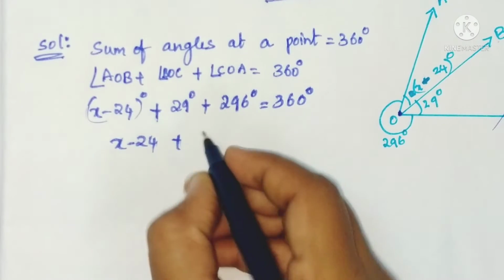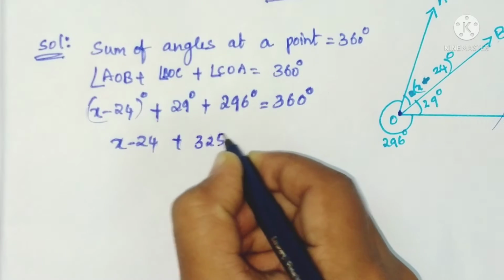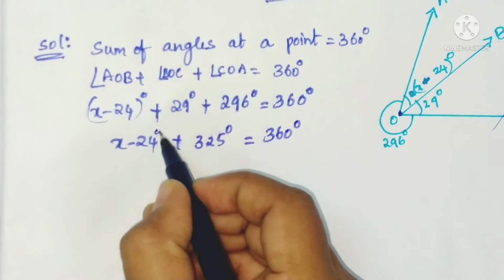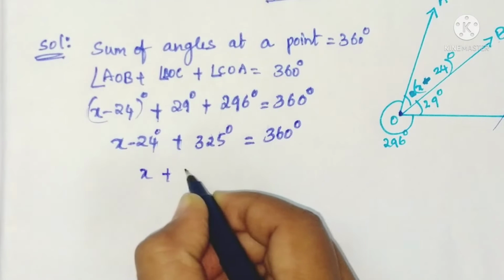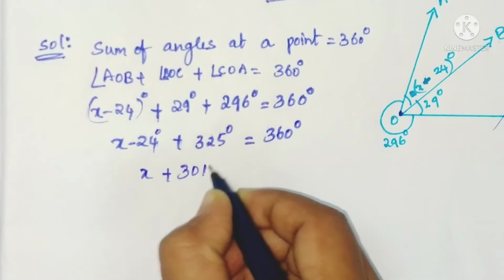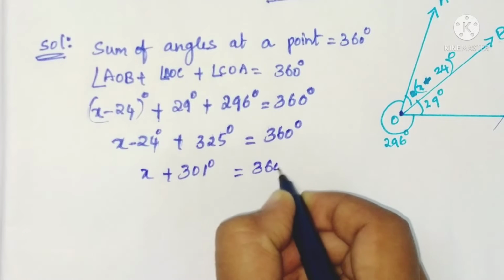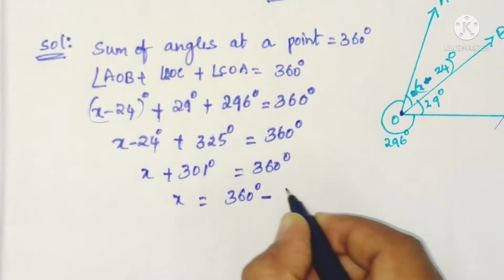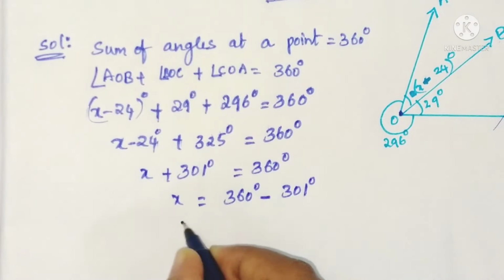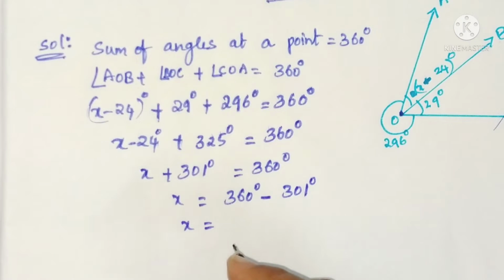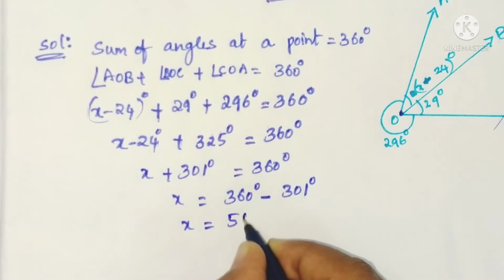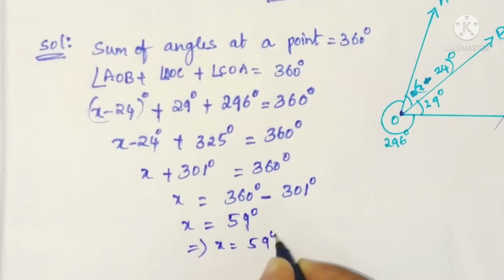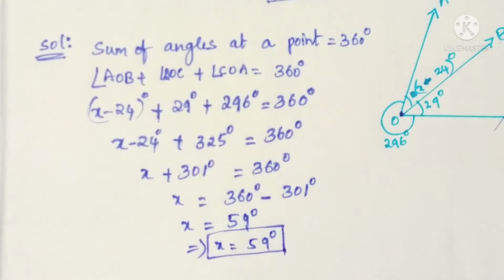After adding these two, we get 325 degrees, so x minus 24 plus 325 equals 360. Subtracting, x plus 301 equals 360. After transposing, it will be minus, so 360 minus 301 is 59 degrees. So the value of x is 59 degrees.